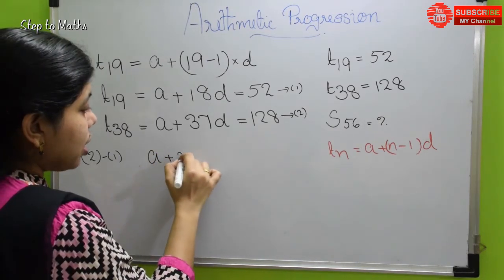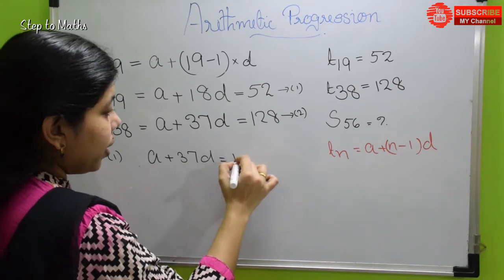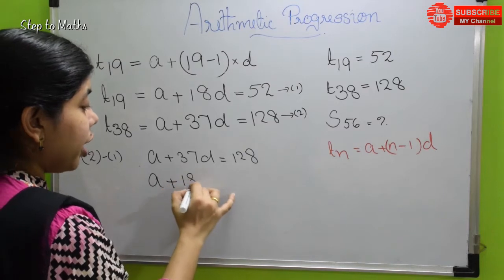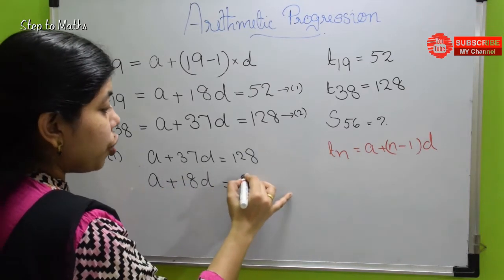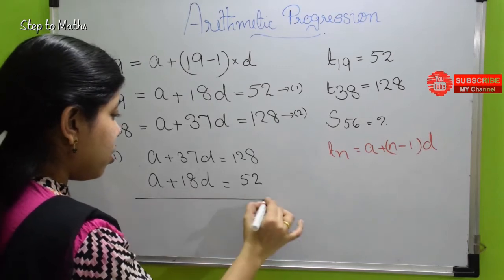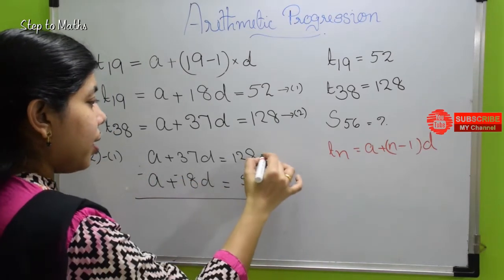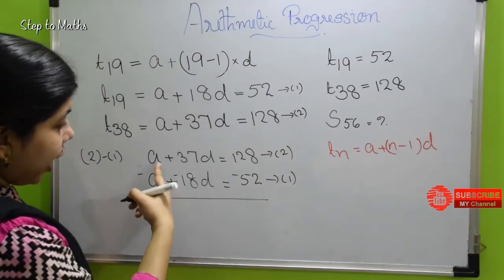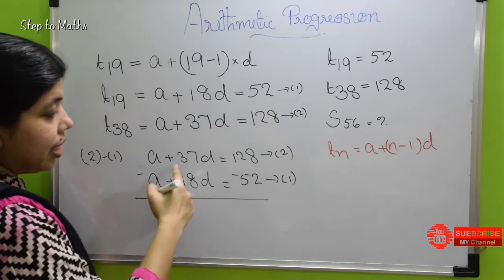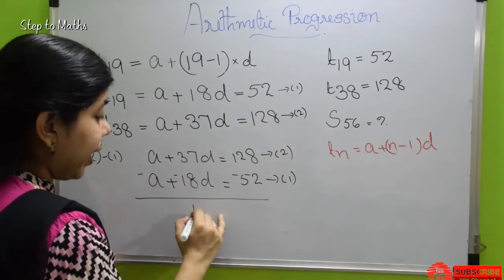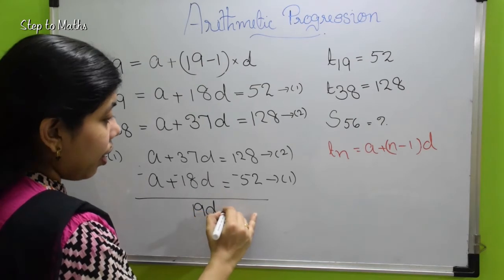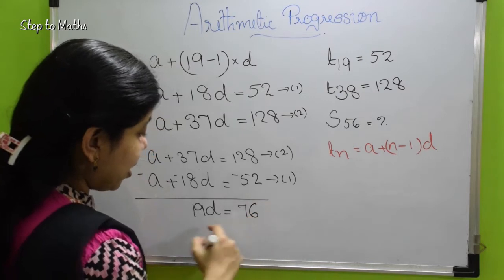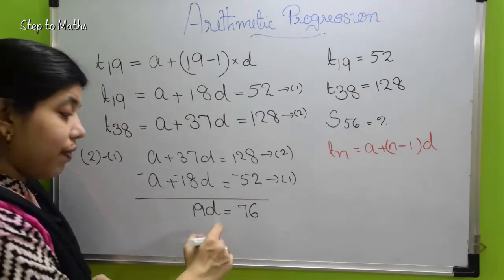A plus 37d is equal to 128, that is equation 2, and equation 1 is a plus 18d equal to 52. Subtract 2 minus 1. A minus a gets cancelled. 37d minus 18d is 19d, equal to 128 minus 52, which is 76. So 19d is equal to 76.